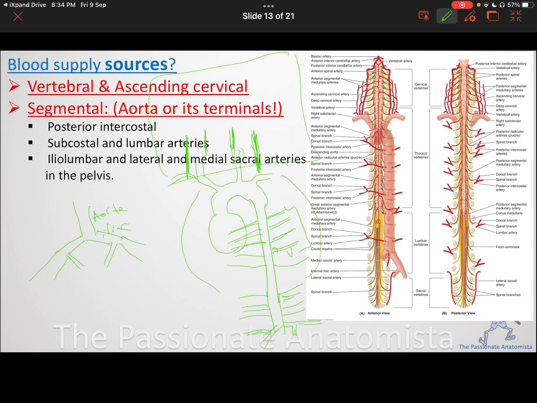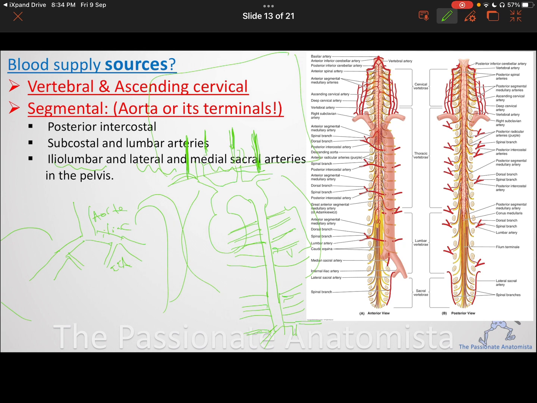From the internal iliac, we're gonna have important parietal branches. Parietal branch means it's a blood vessel that supplies bones and structures, not viscera. What are these parietal branches of the internal iliac? Internal iliac artery. This is your pelvis. They are the iliolumbar, lateral sacral, medial sacral artery.